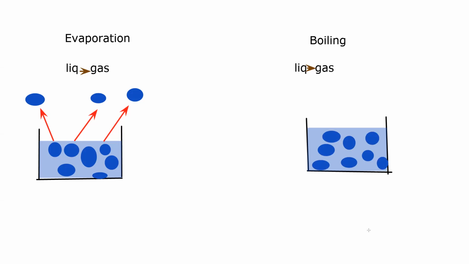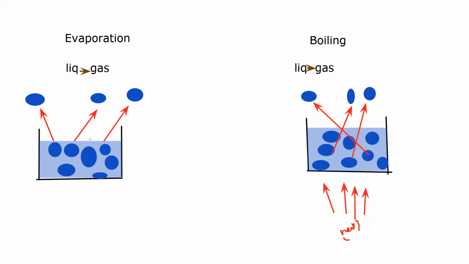When you supply the heat energy by using a burner or any other source of heat, these molecules gain energy from the source and can go out after gaining energy. So this will turn into a gaseous state and produce vapors at a high temperature. This process is known as boiling.